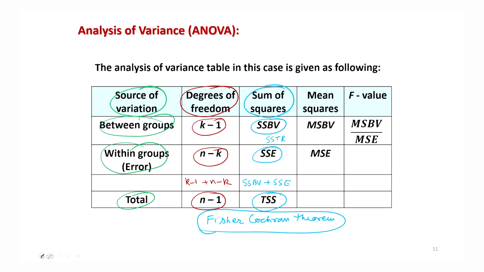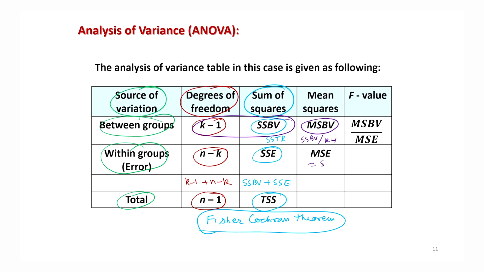Now, once you have obtained the sum of squares and the respective degrees of freedom, then you can obtain here the mean square due to between variation as SSBV divided by k minus 1. So, both these columns are used here.